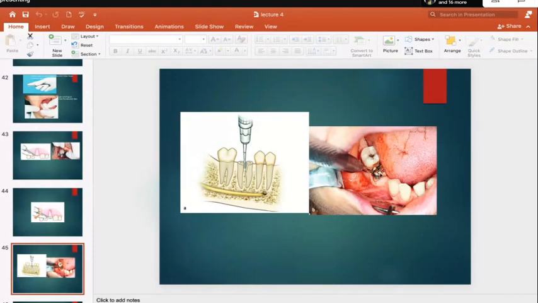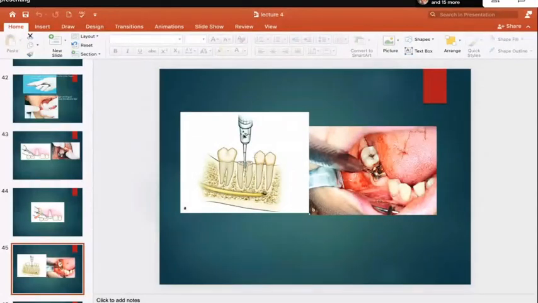If the tooth is badly carious or a retained root, the turbine is contraindicated. The surgical handpiece must be used, because the surgical handpiece has no air going to the soft tissue.